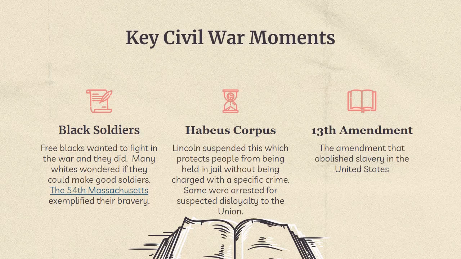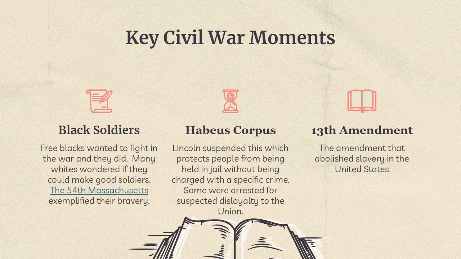This certainly is not upheld by our Constitution, but in times of war, habeas corpus can be suspended. And that's exactly what Abraham Lincoln does. He is arresting individuals that are suspected of disloyalty to the Union.